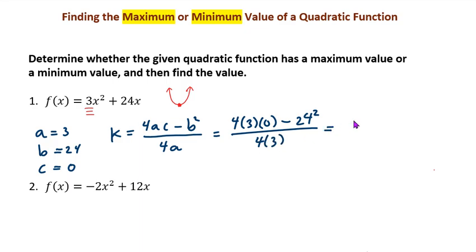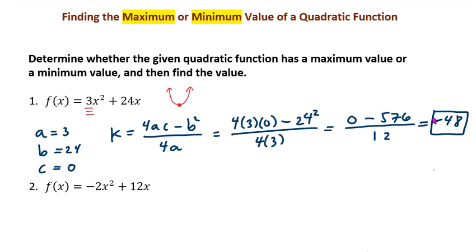This is equal to 0 minus 576 over 12. So the numerator is negative 576 divided by 12. The answer is negative 48. So the minimum value of the function is negative 48.